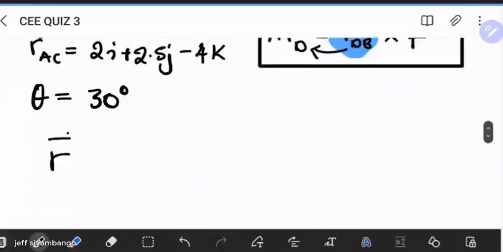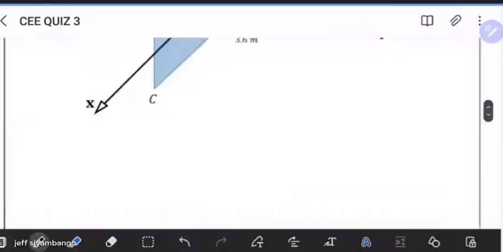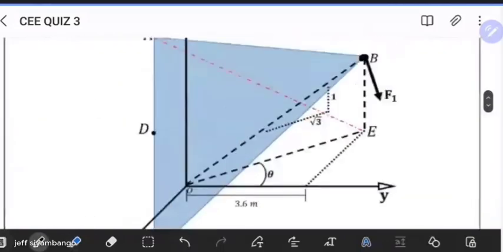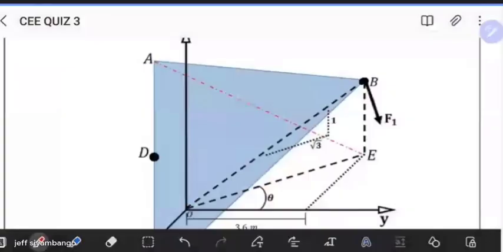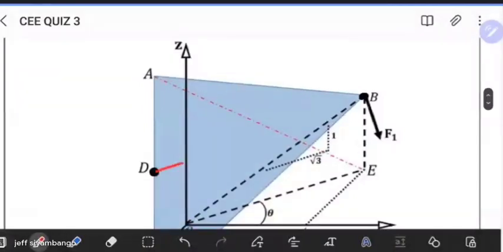To get RDB, the first thing we need to find is the coordinates of the point D, because RDB will be a vector that runs from D all the way up to B. So we need to figure out what the coordinates of D are going to be.